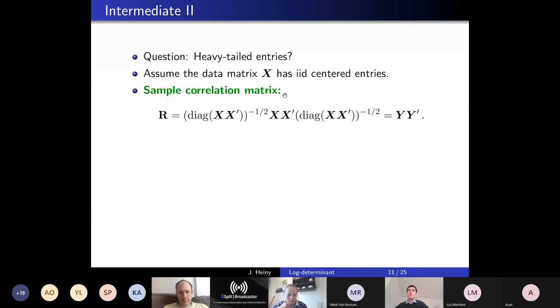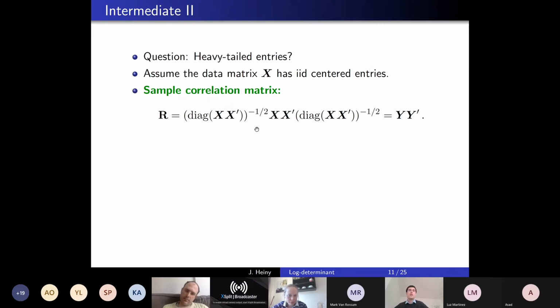The sample correlation matrix, which is defined here, sample correlation matrix R. So it is just a sample covariance matrix X X transpose. Then you multiply from the left and the right with the diagonal of X X transpose to the minus 1/2, where this diagonal stands for a diagonal matrix with the same diagonal as X X transpose.